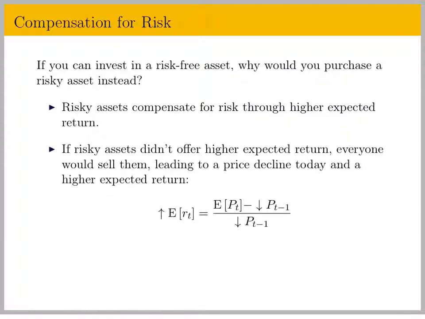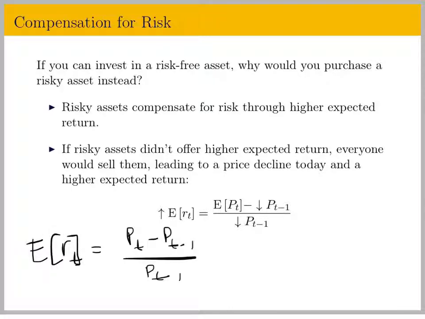If a return calculation, now note what I've done here is I've said expected. So what we know is that the true return is equal to (P_t minus P_{t-1}) all over P_{t-1}. Well, if we don't know that return and we just want the expected return, we can take the expectation of both sides.